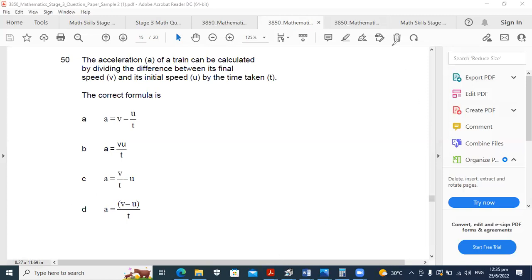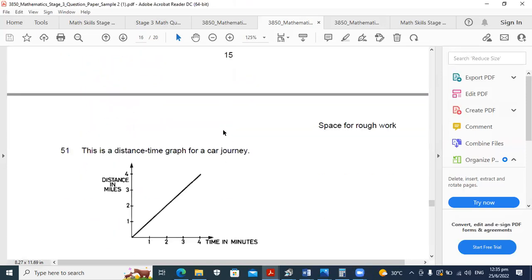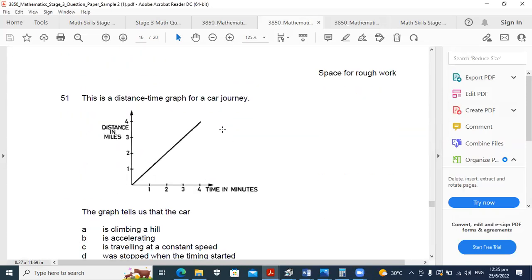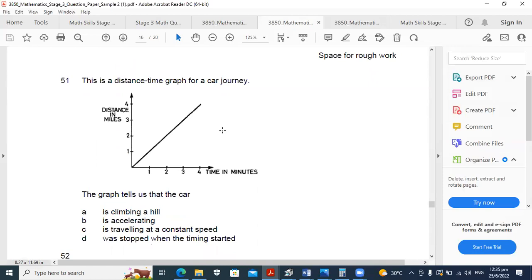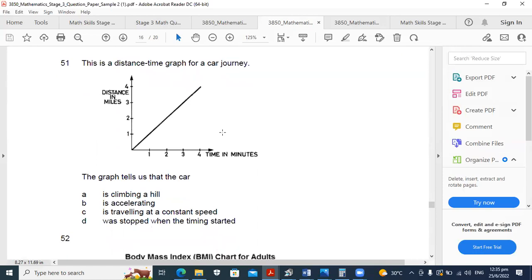All right, let's look at this one, 51. And this is a distance time graph.